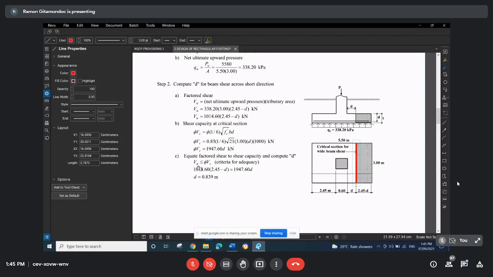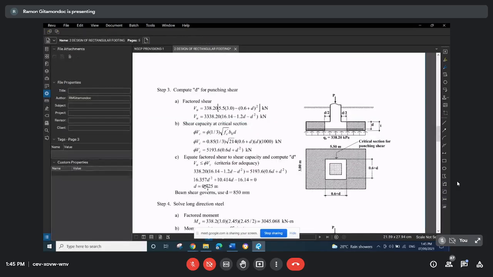For adequacy, the shear force should be less than or equal to the shear capacity, and the limiting condition is when they are equal. So we equate the two, then come up with an equation which can be solved for d. That's our effective depth for beam shear.